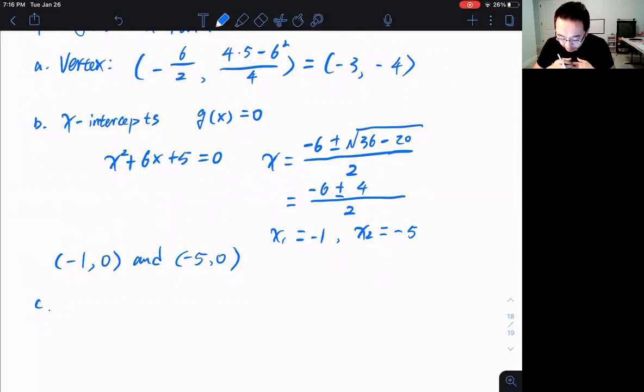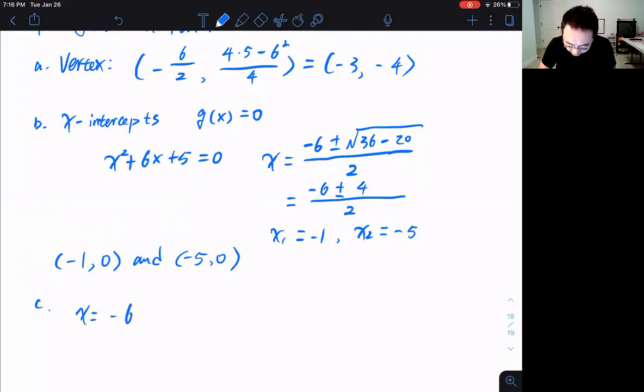The easiest way to do that is to plug 2 different values of x in there and find out what g of x equals. Negative 5 is already an intercept, so let's try negative 6.